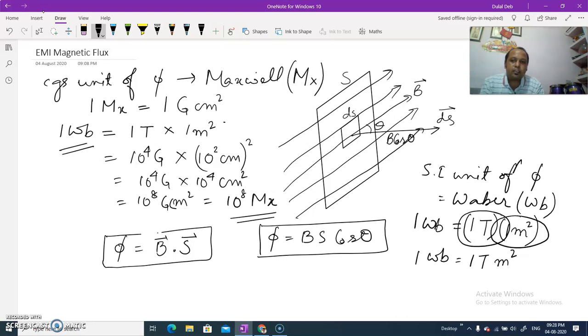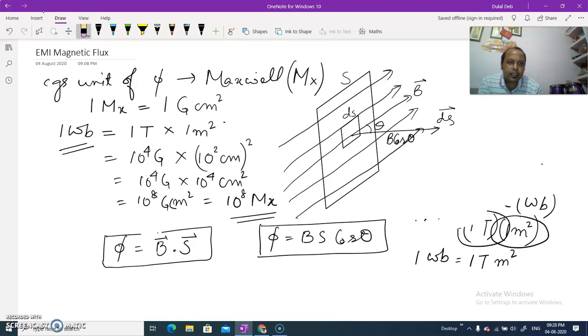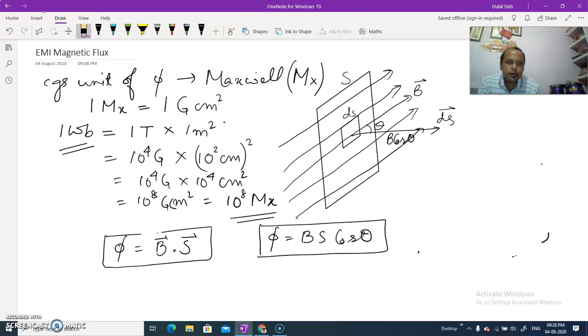Okay, now we can also find the dimensional formula of the magnetic flux. Let us see how we can find it.